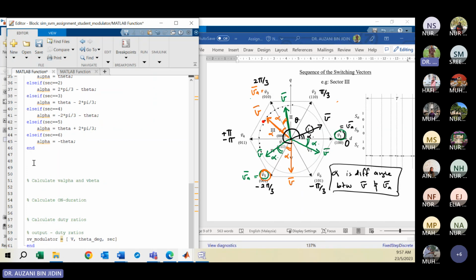Give the input, run this system, get the result, then compare with the equation that we derived in class. The alpha beta, just apply the equation. Very straightforward.